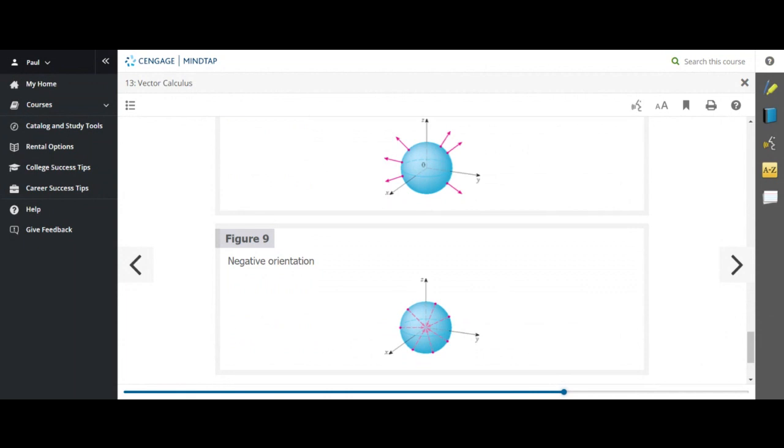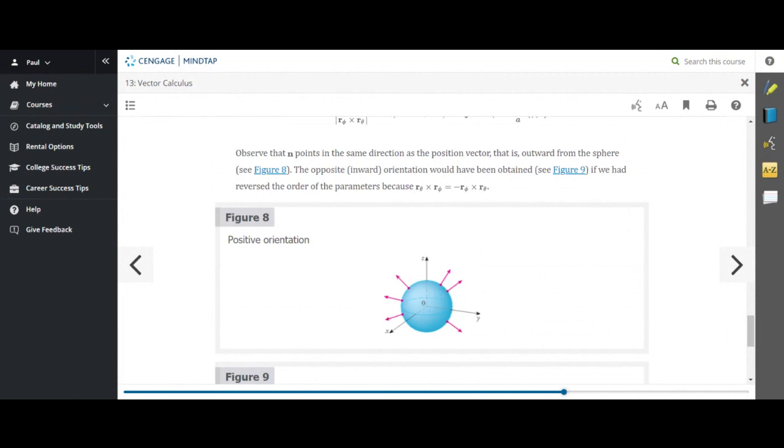If you have a vector field that's flowing, let's take figure 8, flowing outward through the surface, and you're trying to understand the net rate of flow with regards to positive orientation, the vectors in the vector field aren't necessarily going to be parallel to these pink or purple unit normal vectors you see in the picture.